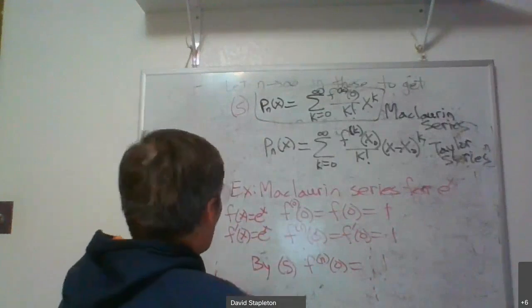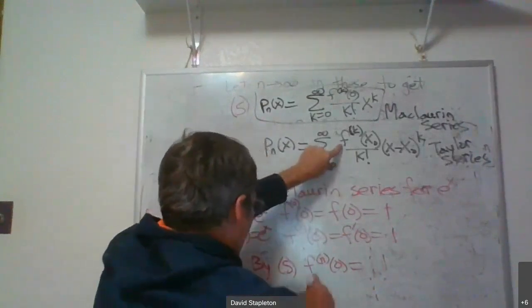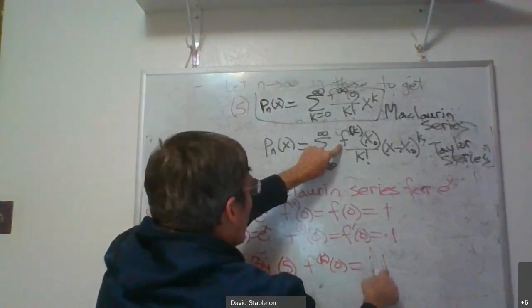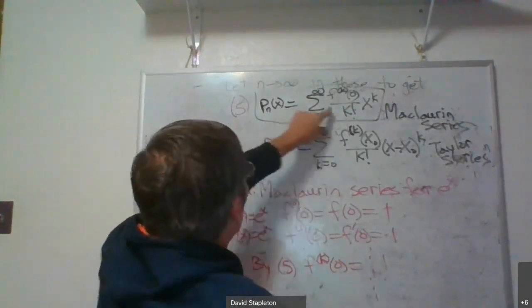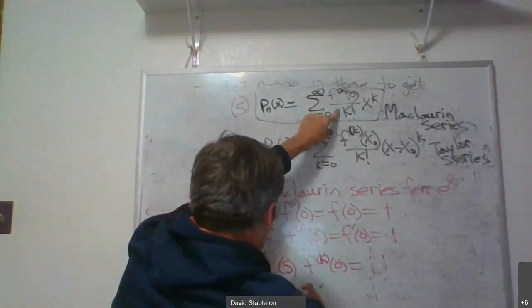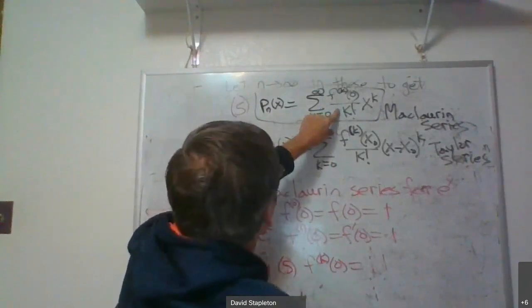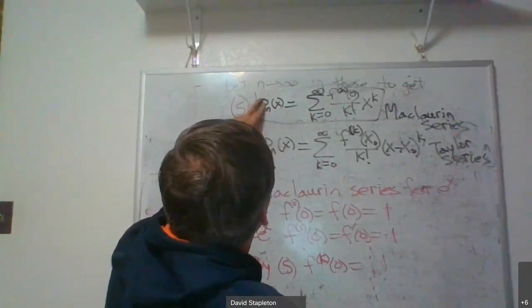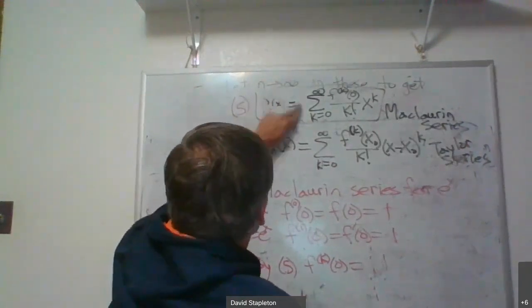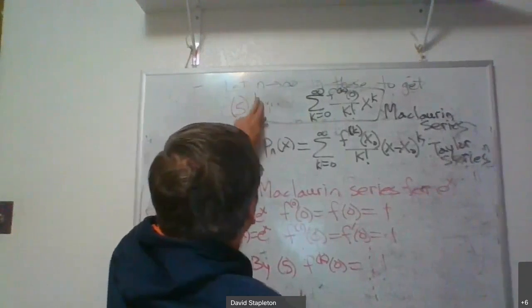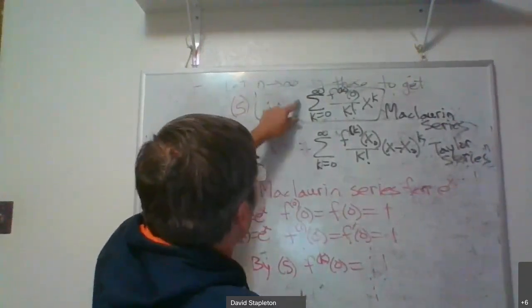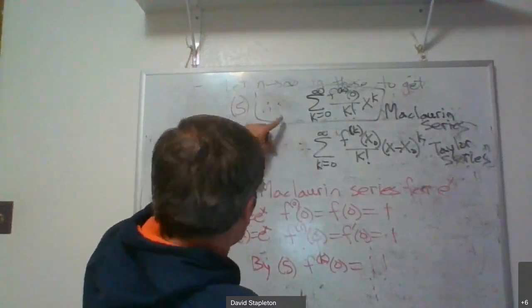Now I can write out a general formula. The formula is 1 no matter what. These are the corresponding series where you let n go to infinity.